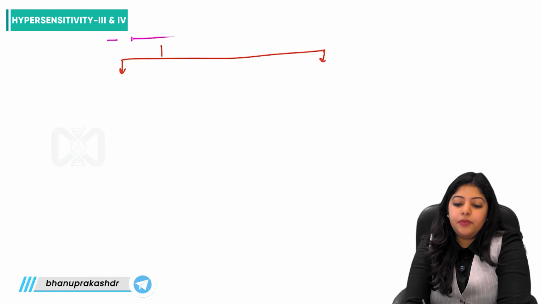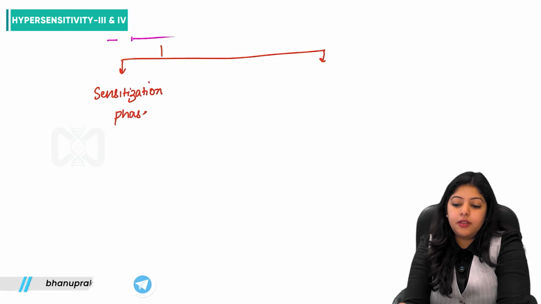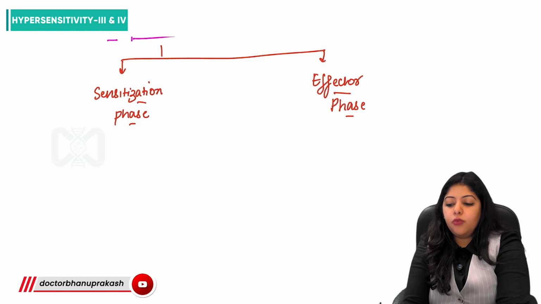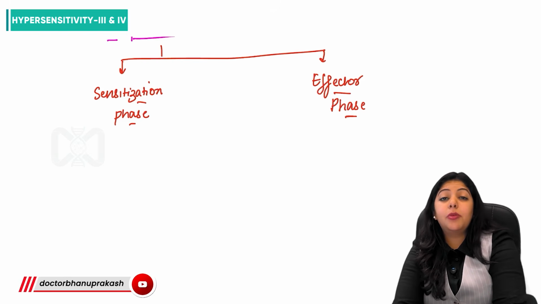One is the sensitization phase and the other phase is effector phase, right? So what happens when we are talking about sensitization phase or effector phase?